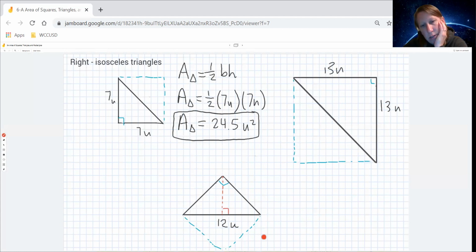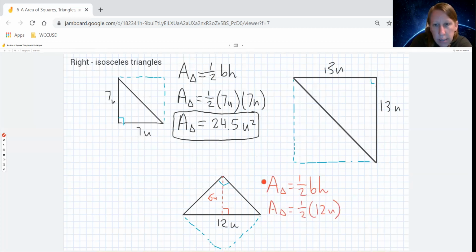Well, that's kind of interesting. So we need to find that before we do this problem. It's 1, 2, 3, 4, 5, 6 units. So when I do the area of this triangle, I'm still going to do half the base times the height. In this one, it's going to be half 12 units for the base, and the height is, when you look for height, you're looking for where the right angle is.